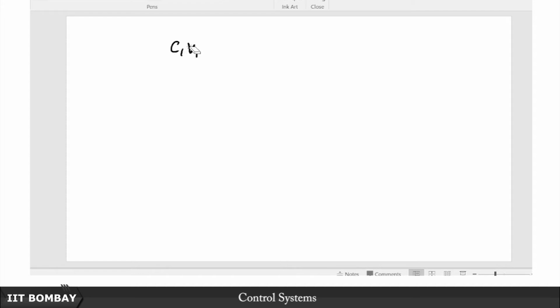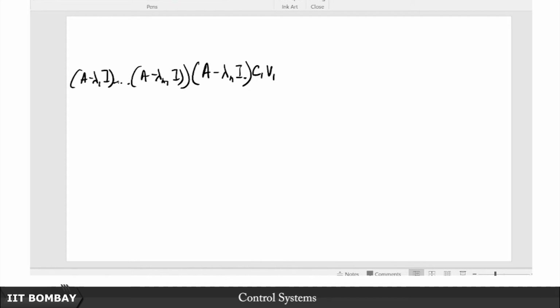I'll go over to the next slide, and I will observe immediately what happens to a typical term like C1 V1, any term other than, let us say, C5 V5, when it gets hit by A minus lambda n I, A minus lambda n minus 1 I, dot dot dot, all the way till A minus lambda 1 I. In between, remember A minus lambda 5 I is missing.